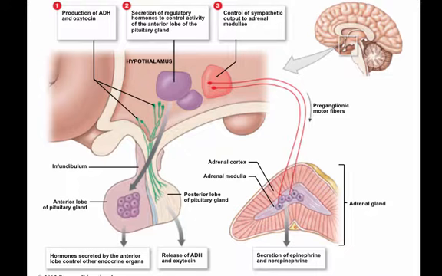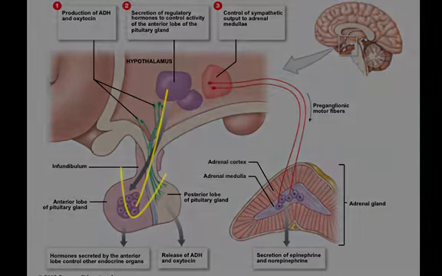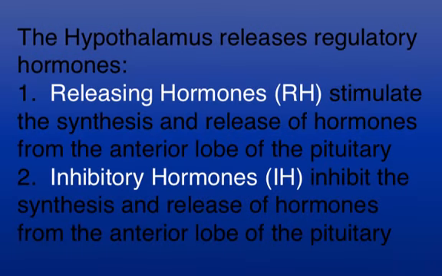And finally, or third, the hypothalamus releases regulatory hormones that control the activity of the anterior lobe of the pituitary gland. The hypothalamus will release either releasing hormones or inhibiting hormones to control the anterior lobe of the pituitary.